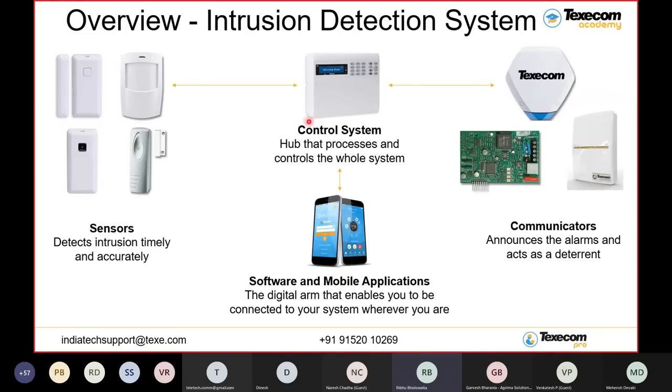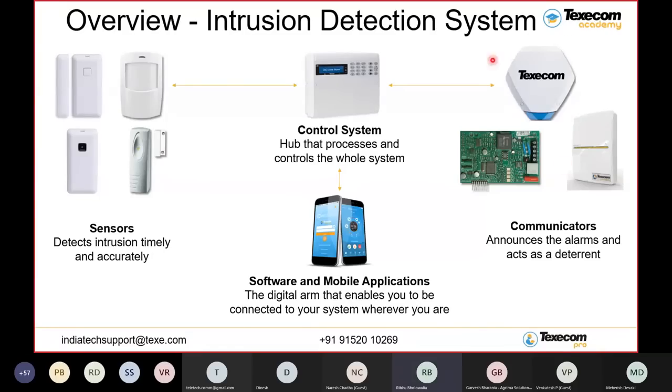If we go a little bit deeper, what exactly do we have as a control system? This is a control system, which is also called a control panel. On the left side, you can see the sensors, which are protecting my residence area. Sensors can be anything protecting my doors, windows, outside area, indoor area; all are considered sensors.